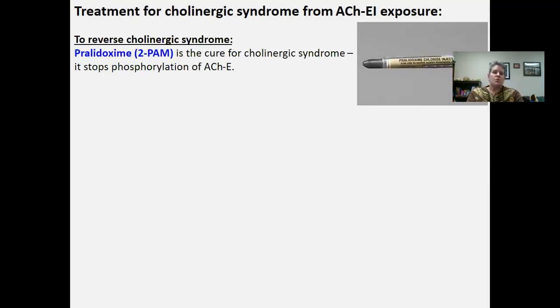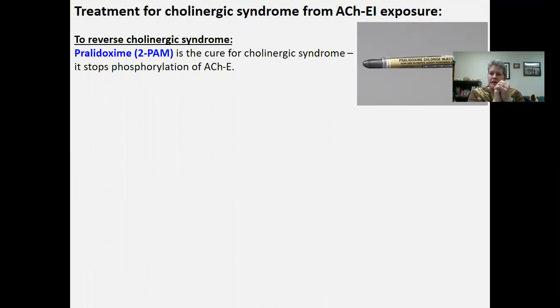First of all, to reverse cholinergic syndrome, to reestablish the enzyme acetylcholinesterase, you give 2-PAM, pralidoxime. It prevents the acetylcholinesterase inhibitor from stopping the breakdown of acetylcholine. Basically, in a short word, it makes acetylcholinesterase work again.